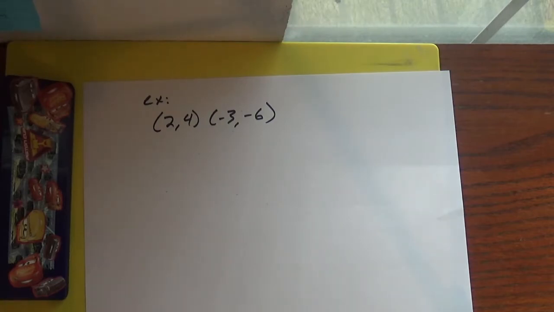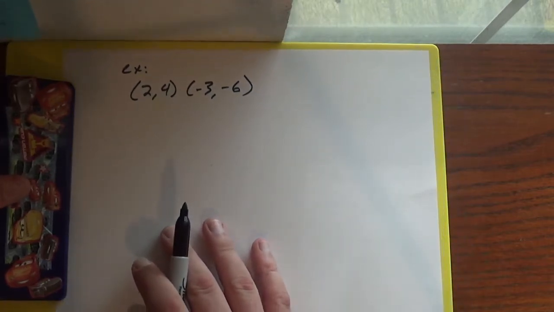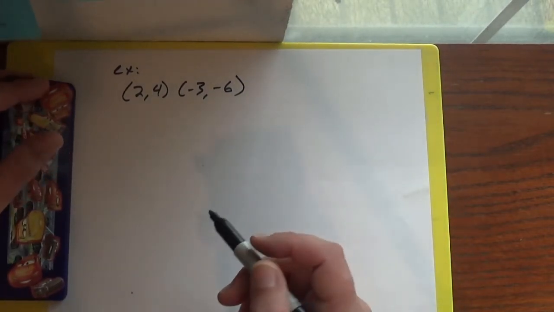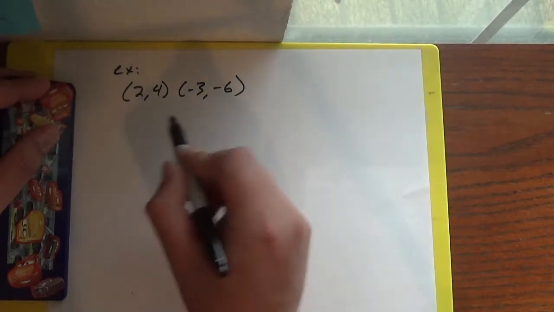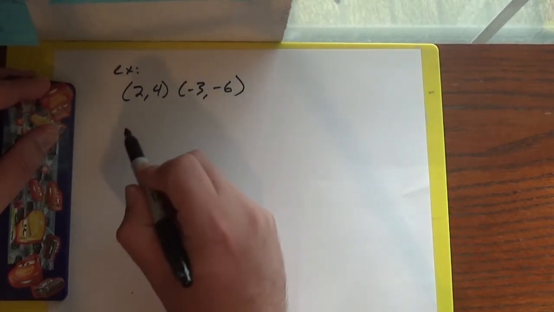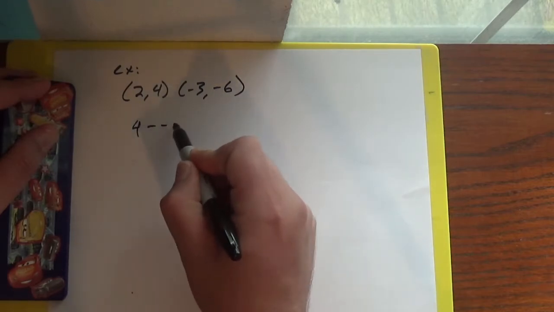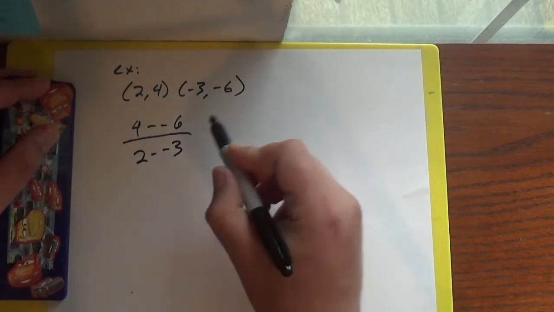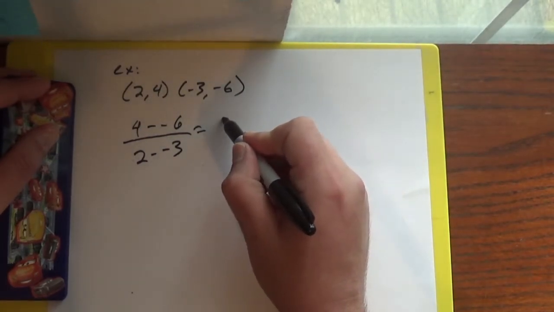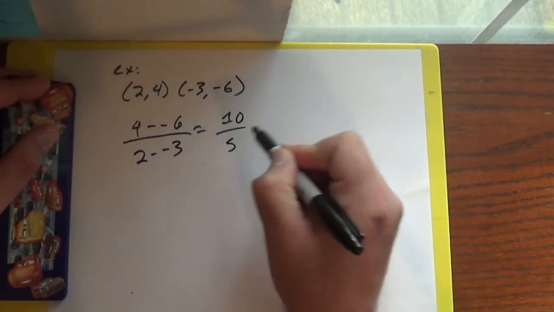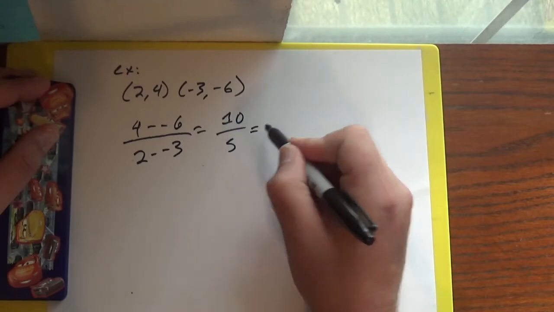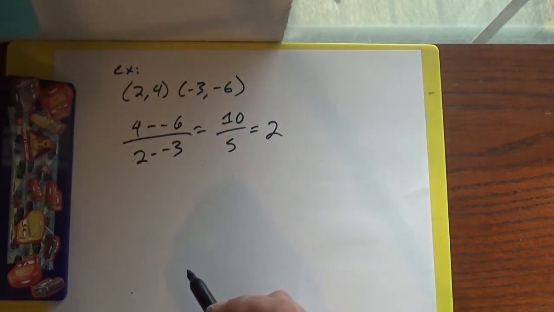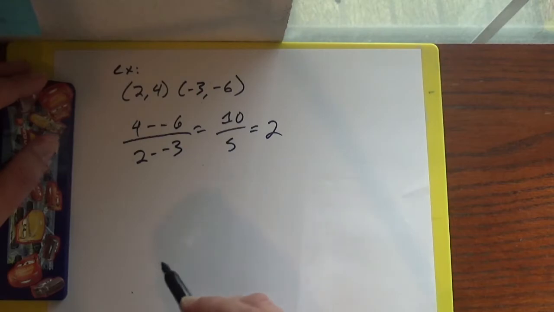And another one, just for fun. Alright, so first I need to find my slope. So 4 minus negative 6, 2 minus negative 3. So I get 10/5. I'm going to make my life easier and just call that 2, because that's how many times 5 goes into 10.